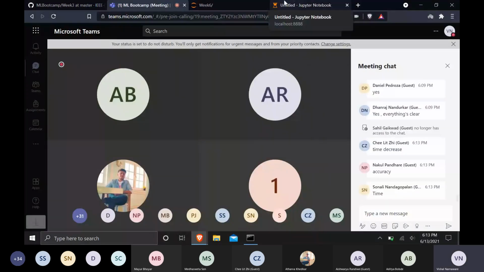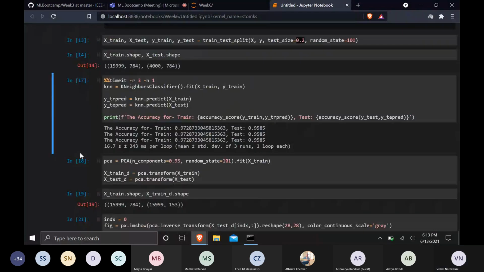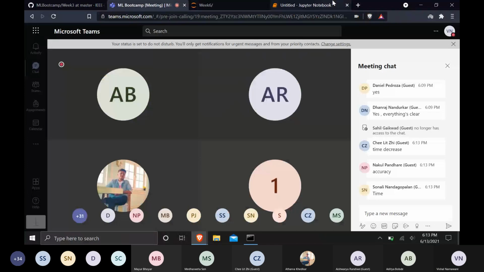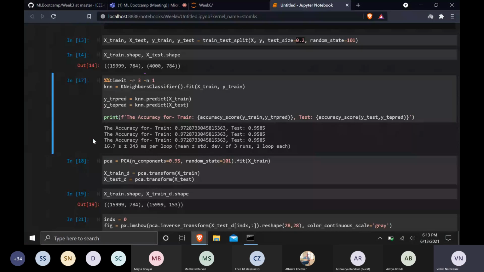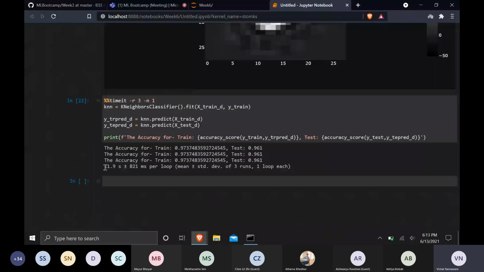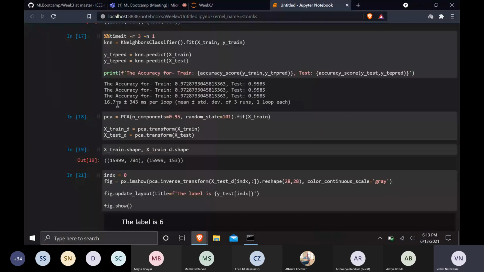Time, accuracy, or both? So actually the time has decreased from 16.7 seconds to 11.9 seconds.